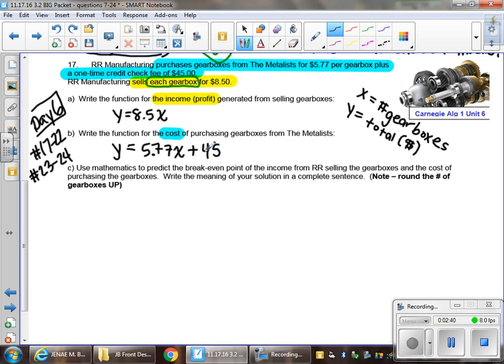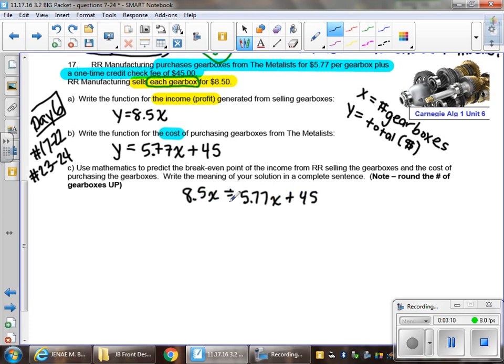I now have my two functions, so we can answer part C. Use mathematics to predict the break-even point of the income from RR selling the gearboxes and the cost of purchasing the gearboxes. Write the meaning of your solution in a complete sentence. We will set cost equal to the profit. 8.5x equals 5.77x plus 45.